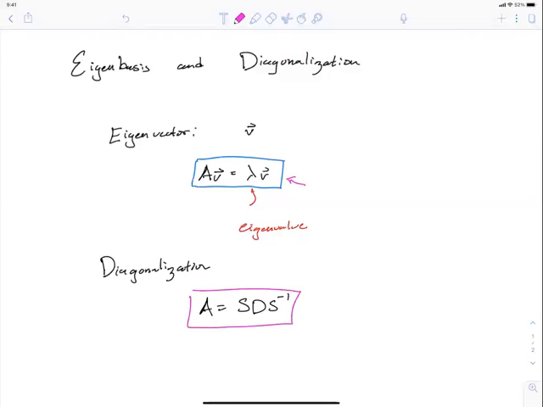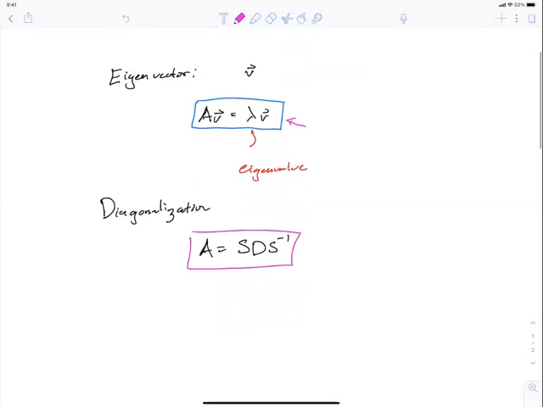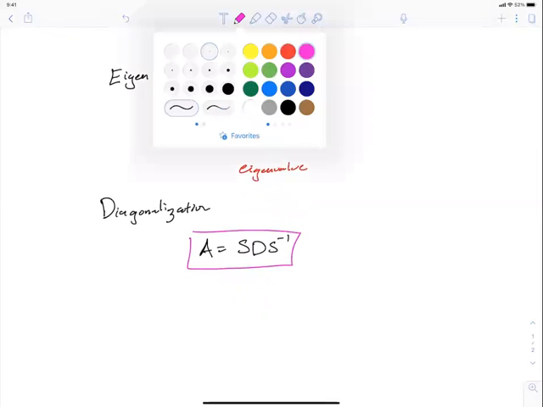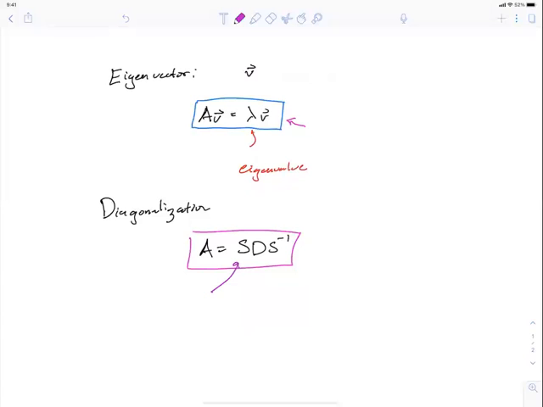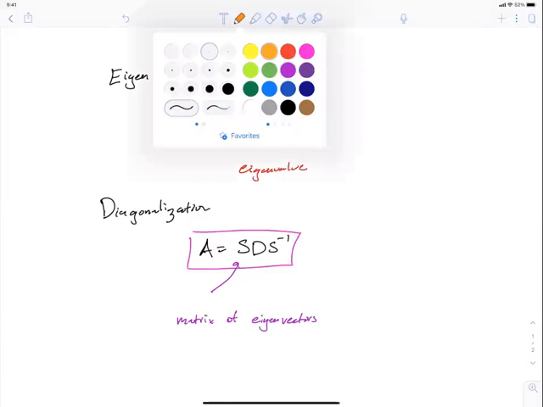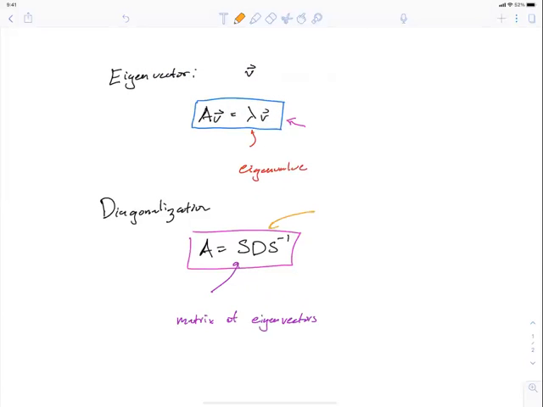So this is what you should think about every time you get to an eigenvector. Last time, I kind of told you without proof that in this SDS inverse, S is going to be the matrix of eigenvectors, and this D is the diagonal matrix encoding the eigenvalues.